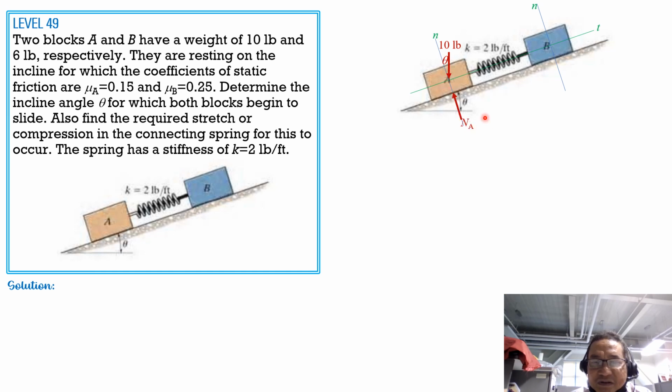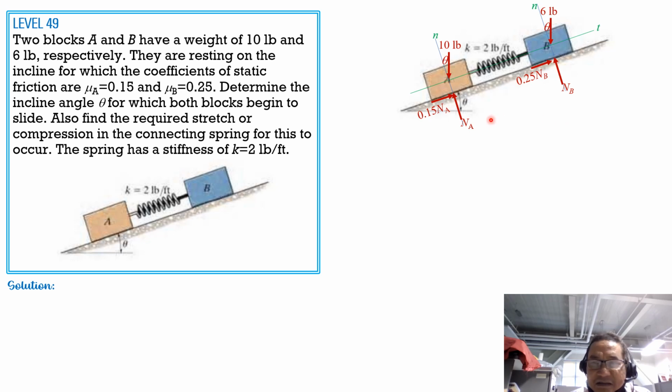Then friction should be up to the right. Then at B, 6 pounds, angle theta with the normal. Then normal reaction at B, NB. Then friction, we have 0.15 NA, up to the right, and 0.25 of NB as shown.